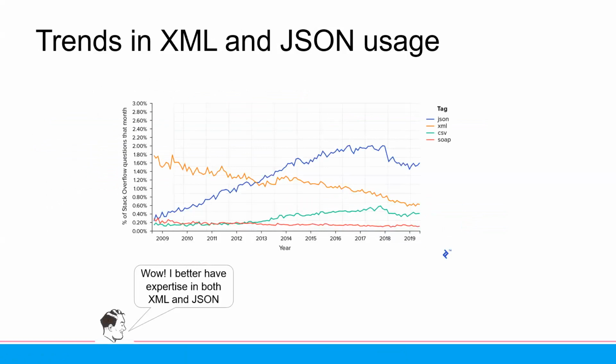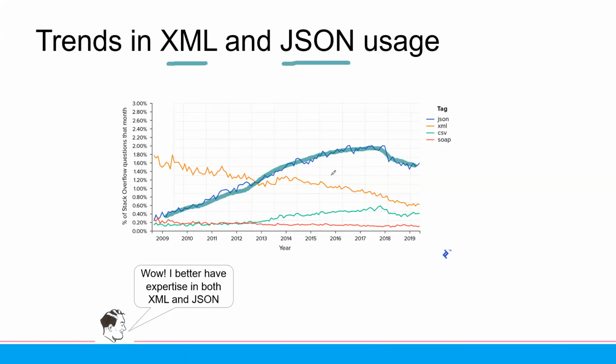I took this one from Google Trends. So there's one paper, they tried to do a survey. What is the trend on the web, especially if you are dealing with XML and JSON? So the trend of JSON is increasing.